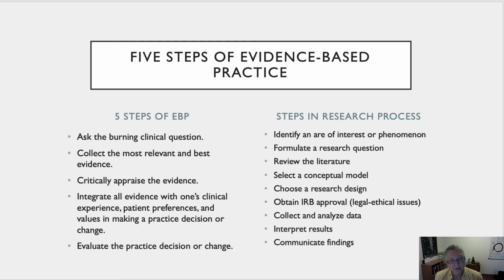So the next step is to collect the most relevant and best evidence. We want to critically appraise the evidence, and to do that, you must first understand research and be able to read a research article and know if it is good evidence or bad evidence.